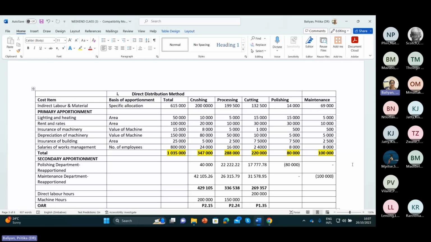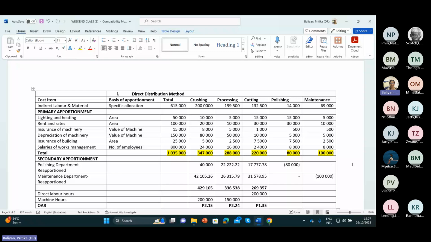But the accounting system says that only those departments which are involved in production must show the total cost of production, because the cost of production must include all the cost incurred, direct and indirect, on the various activities.